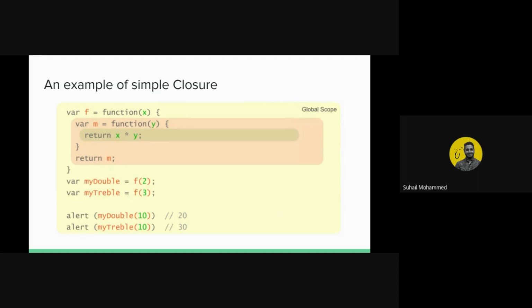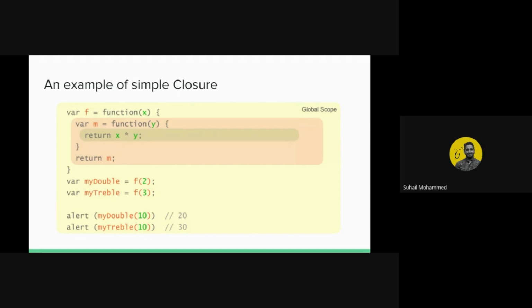So here you can see the myDouble variable is pointing to the function m, which is returned after executing the function f. The function m creates a closure here and stores the property x with the value of 2.